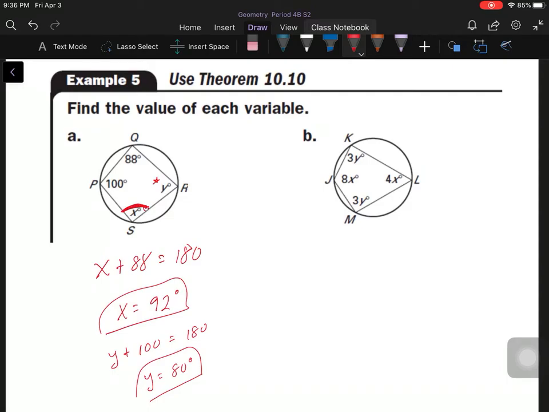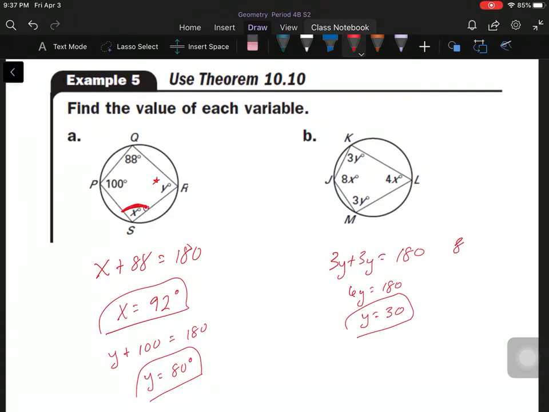Again, there's multiple ways that you guys can go through that. The fastest is going to be using that theorem that they just got done talking about. Okay, part B, opposites. So 3y plus 3y has to equal 180. So 6y equals 180, so then y equals 30.